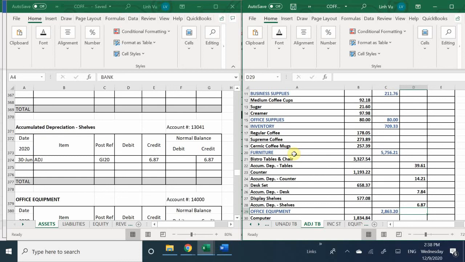In this case, I'm going to be totaling it up like this, so my formula here is going to change.